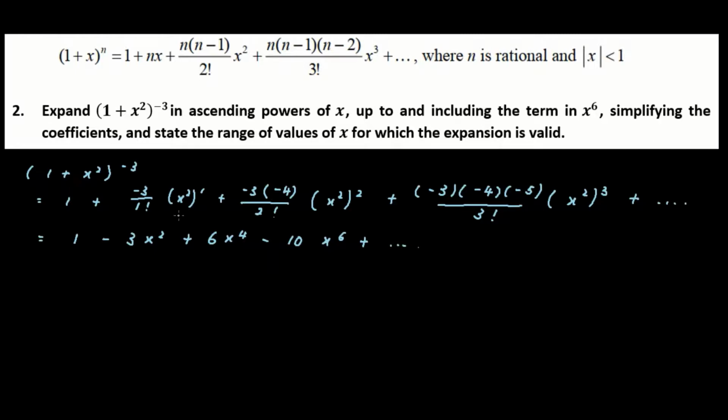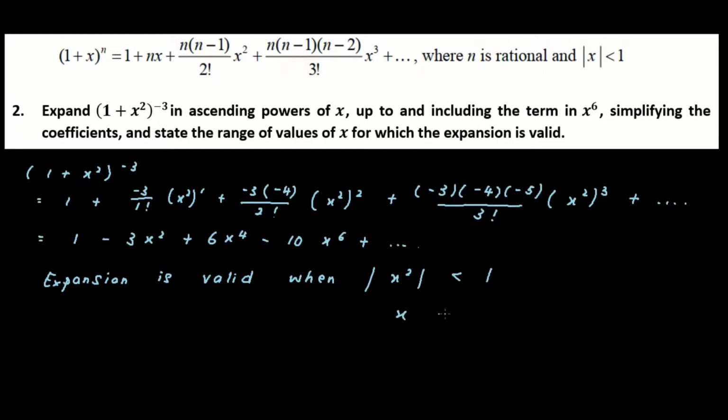Okay. So same thing, state the range of the x. So meaning this part should be less than 1, right? So we can, yeah, no need to repeat the sentence later. So the expansion is valid when modulus x squared is less than 1.